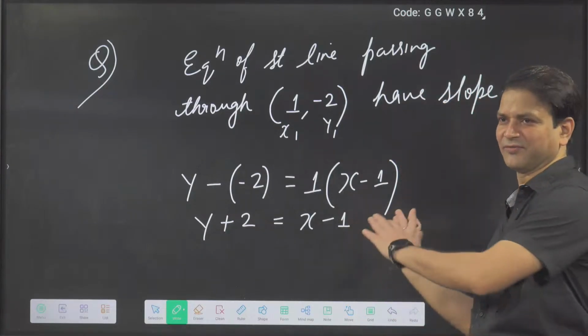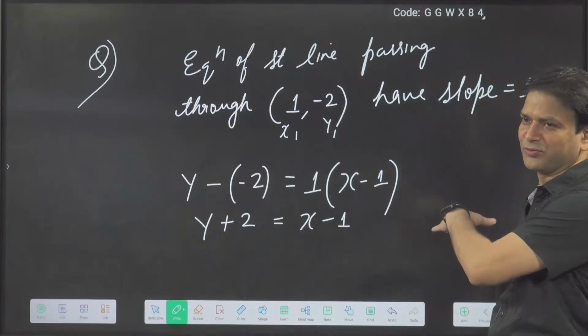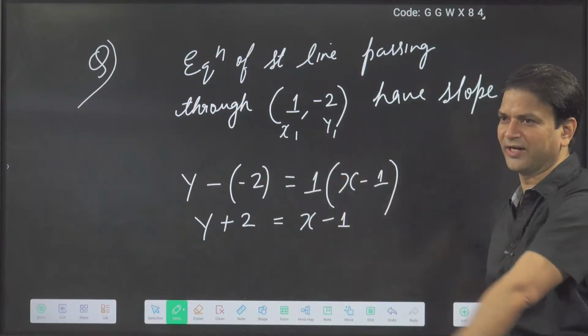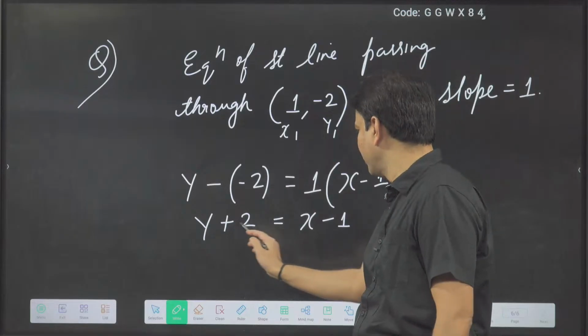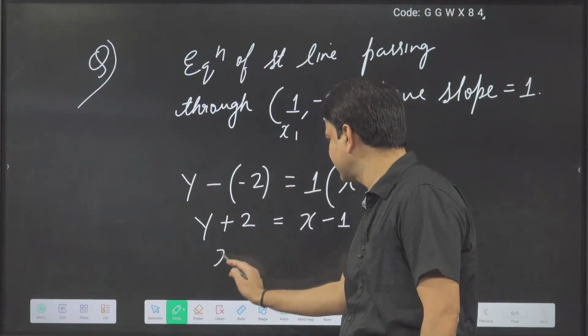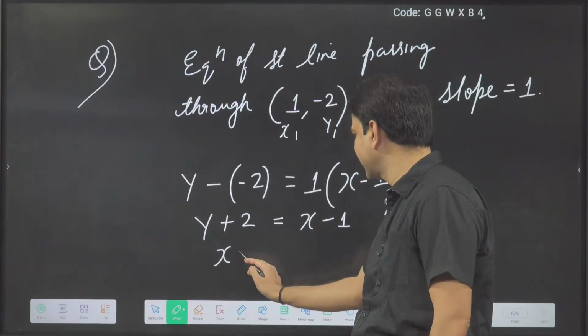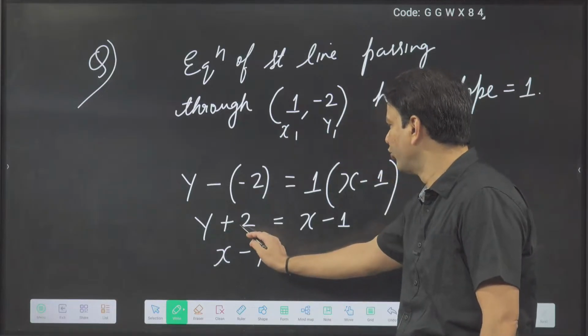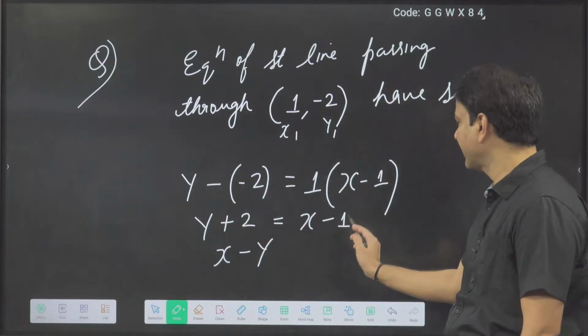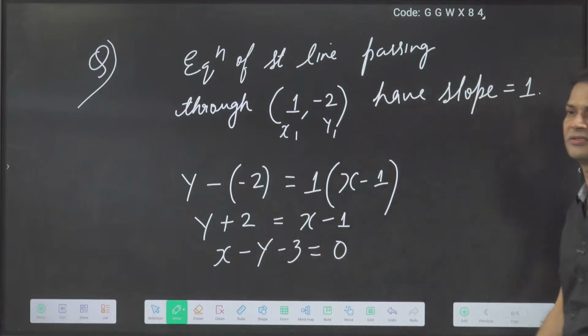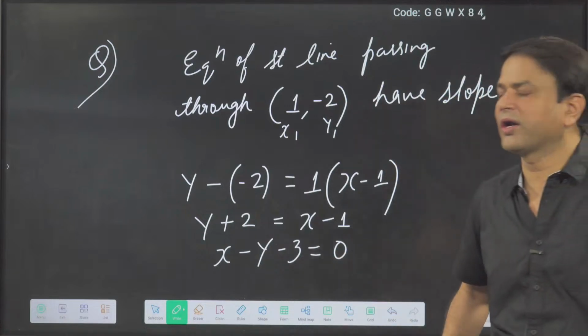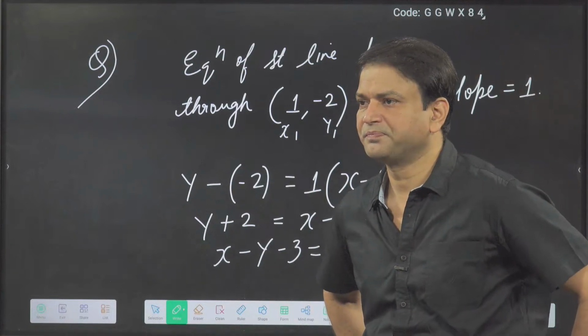You want to shift Y to the right on the left hand side, or X you want to shift to the left. It is your choice. Suppose I am shifting the Y to this side. So after shifting this, what I will get? X will be as it is, Y will be shifted this side, so x minus y. 2 will shift here, so minus 2, and minus 1 is already there, so minus 3. So x minus y minus 3 is equal to 0, or x minus y is equal to 3.